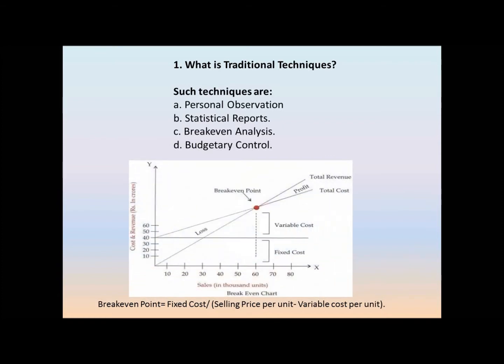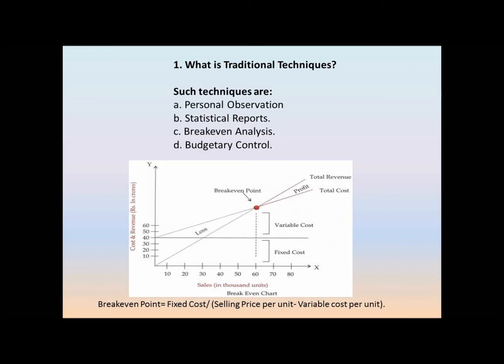The point at which the total revenue and total cost curves intersect is the break-even point. The figure shows that the firm will have the break-even point at 60,000 units of output. At this point, there is neither profit nor loss. The firm starts earning profit beyond this point.